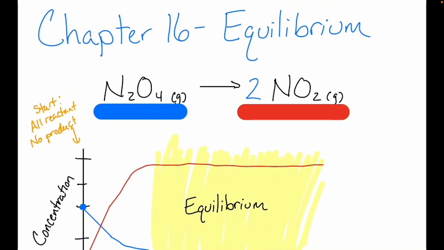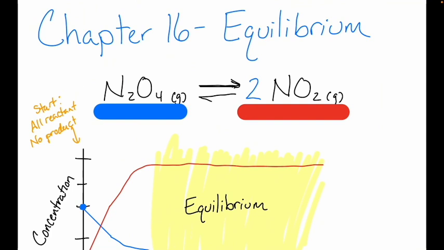Okay? What's happening in every chemical reaction is, yes, you have reactants that are combining to form products, but the reverse reaction is always occurring as well. You have product molecules coming together to form your reactant again. So reactions are always going in both directions. And when it reaches equilibrium, the rate of the forward reaction equals the rate of the reverse reaction. So again, it's not like all reaction just magically stops at some point.